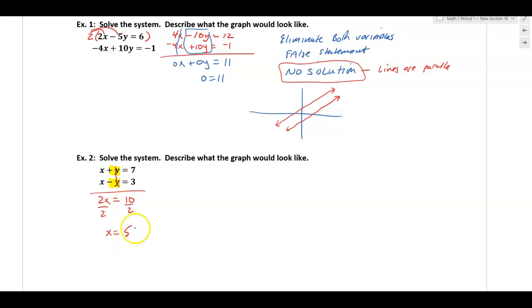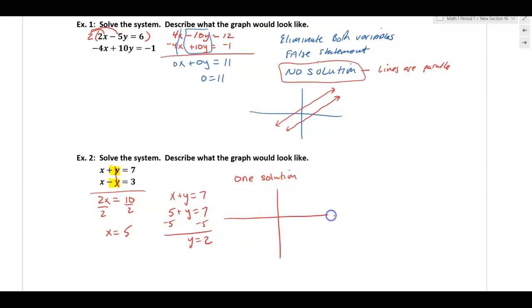Now I can plug that value back in to one of the original equations. So 5 plus y equals 7. What plus 5 gives you 7? Well, if I subtract 5, y would equal 2. So this here would have one solution. Okay? Now, if a system has one solution, you know right away that those lines would intersect.